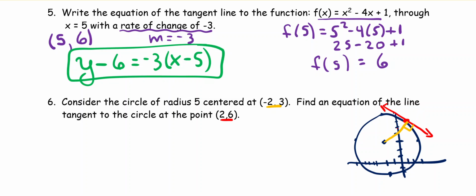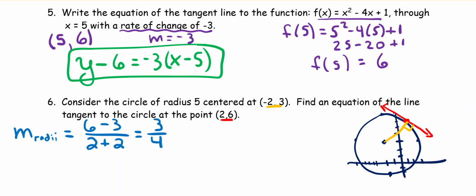So let's do that. The slope of my radii equals y2 minus y1 over x2 minus x1. 6 minus 3 is 3. 2 plus 2 is 4. So that's the slope of my radii, but I want the slope of the tangent to that.